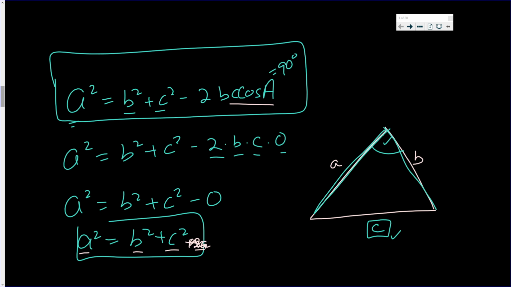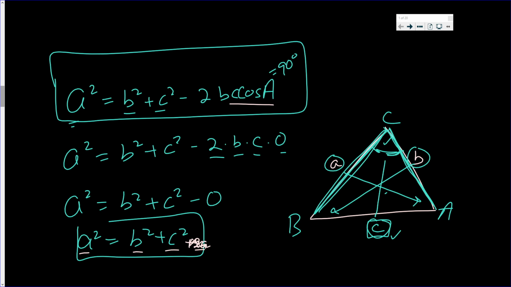If you're given that one, you can find angle C. So if you're given two sides and their included angle, you can find the opposite side. If you're given all three sides, you can find the opposite angle of your choice. You can find the opposite A, the opposite B, or the opposite C. You can find any of the angles if you're given all three sides.